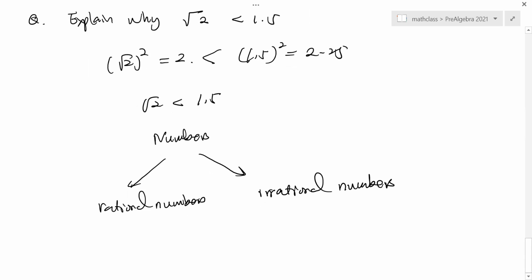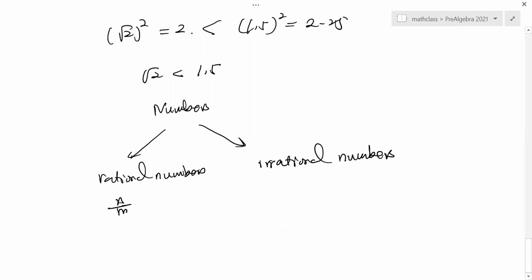Rational numbers can always be written as n over m, or, in decimal form, as a decimal number with repeating digits or terminating digits.